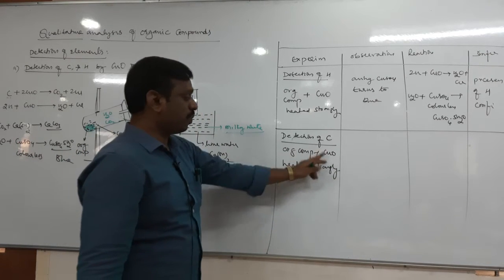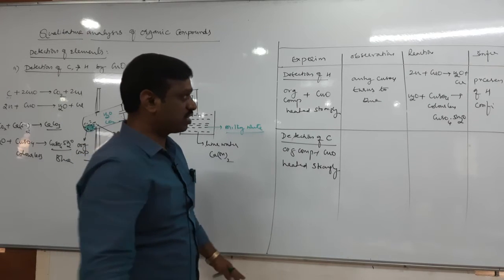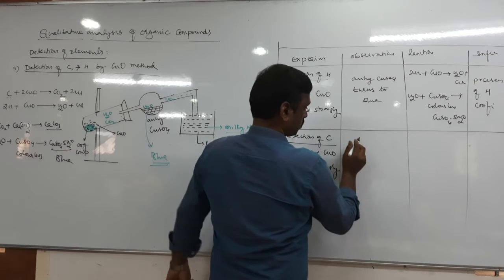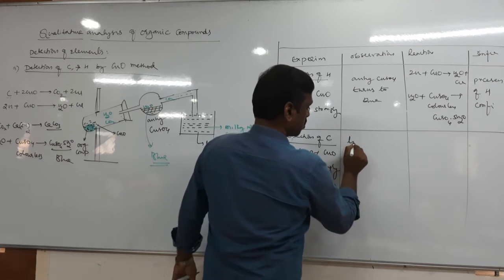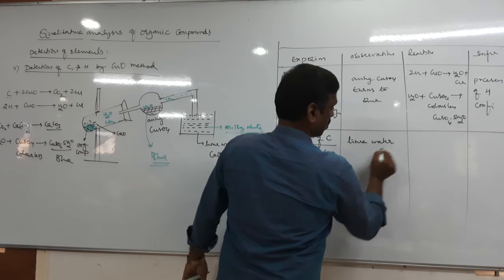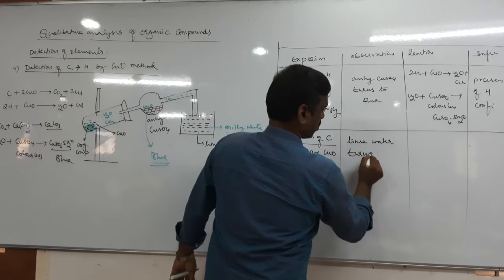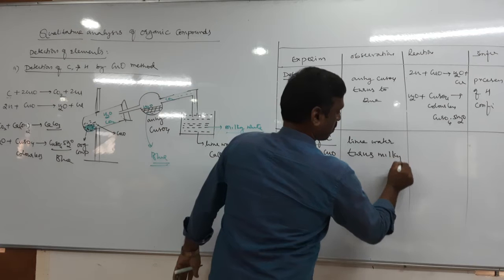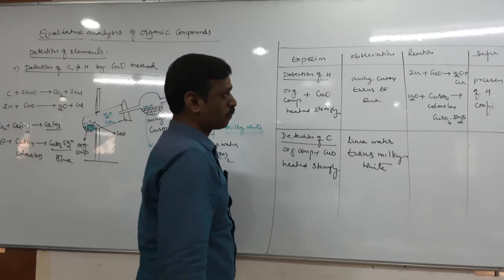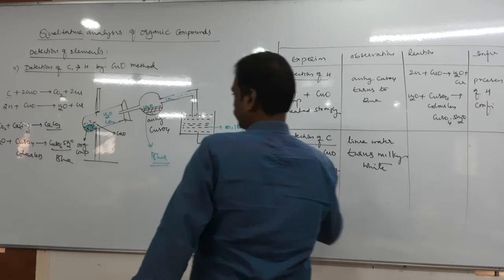Then tell me, what is the observation? The lime water turns milky white.